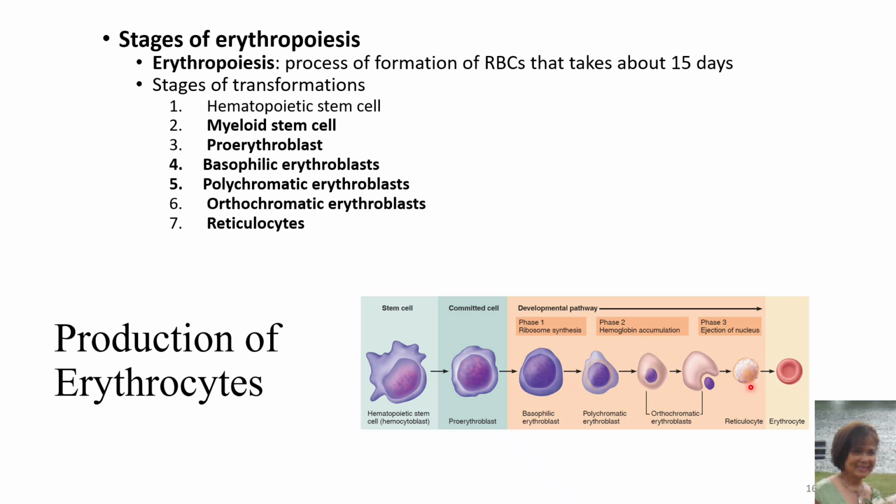Why do we have to produce 1.5%? Well, guys, your red blood cell, because it does not have a nucleus, will not live long. It lives for about 120 days, and therefore about 1.5% after its 120th day will die also.